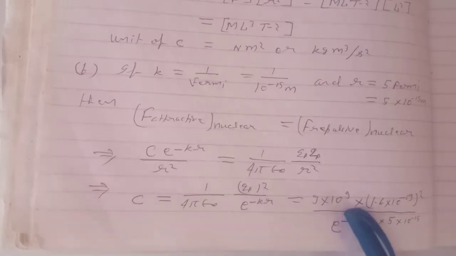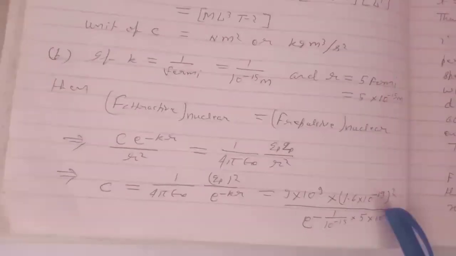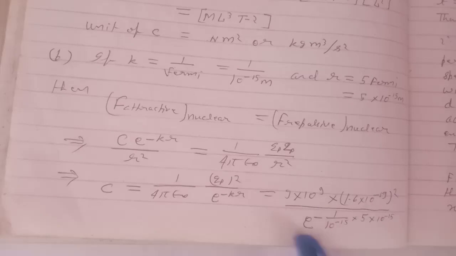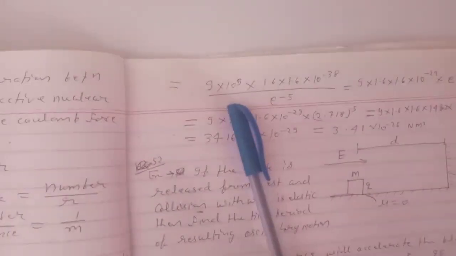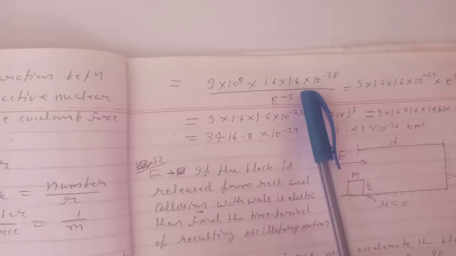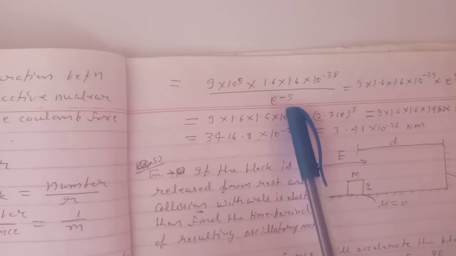Equals 9 into 10 to the power 9 into 1.6 into 10 to the power minus 19, the whole square, divided by e to the power minus 1 by 10 to the power minus 15 into 5 into 10 to the power minus 15. This will cancel. Equals 9 into 10 to the power 9 into 1.6 into 1.6 into 10 to the power minus 38 divided by e to the power minus 5.